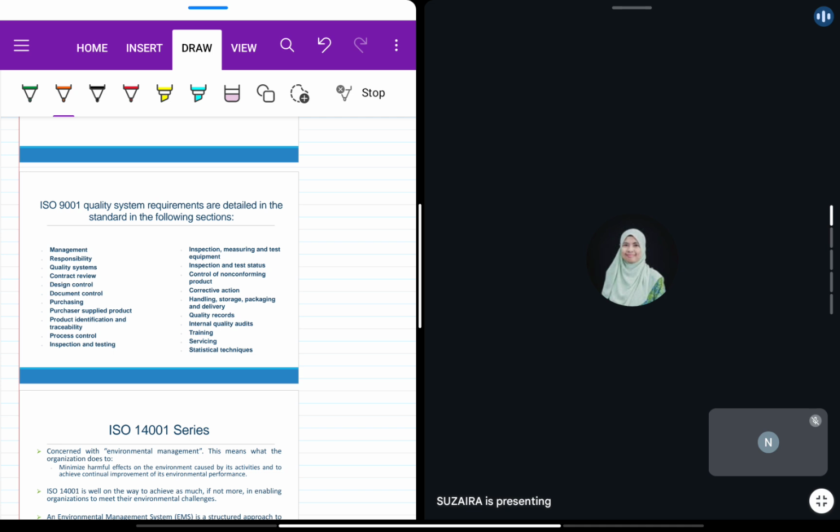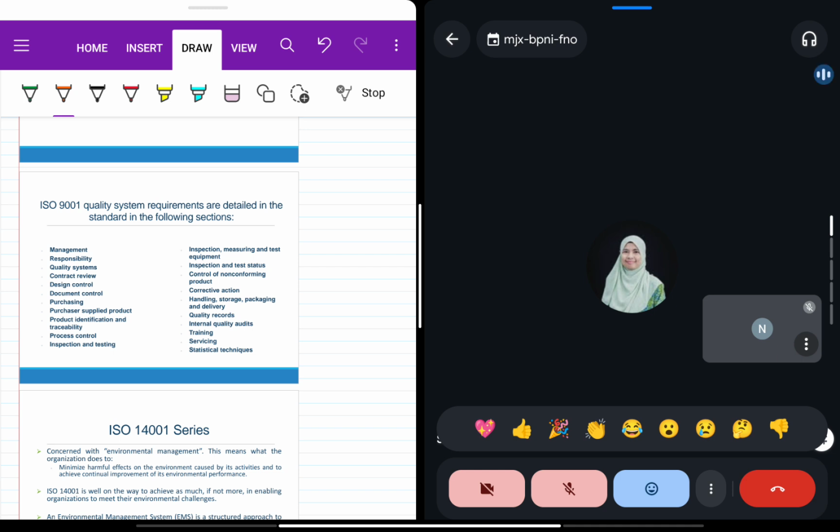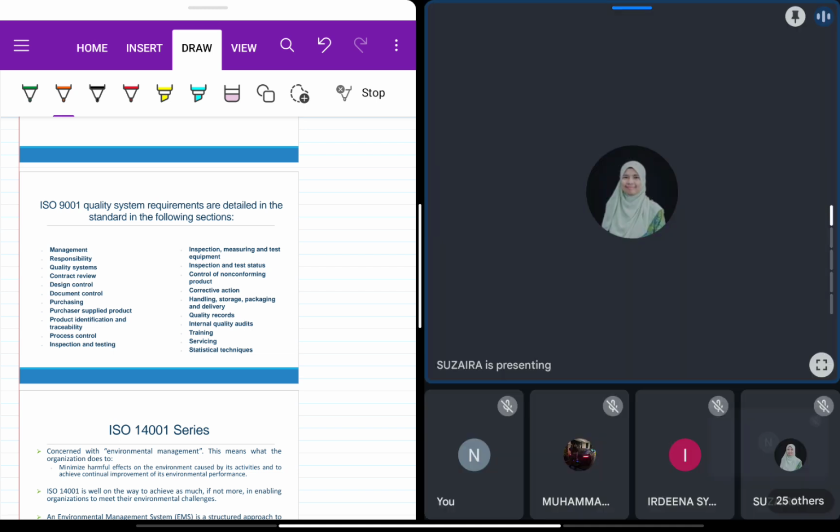It's similar to this one, where they have this colored box, Malaysian Standard 9001. Probably later, when we have the physical class, it's easier for me to show you the real documents, so that you can understand better.